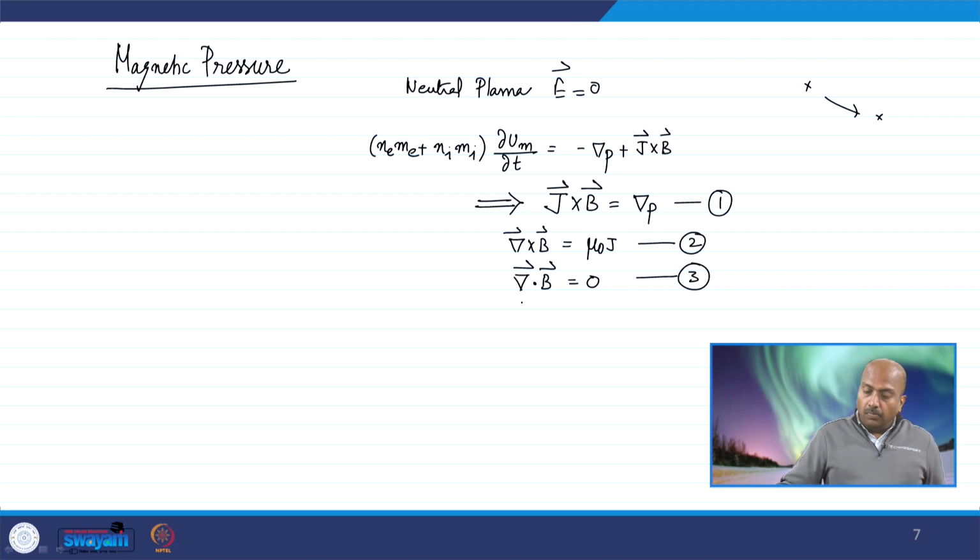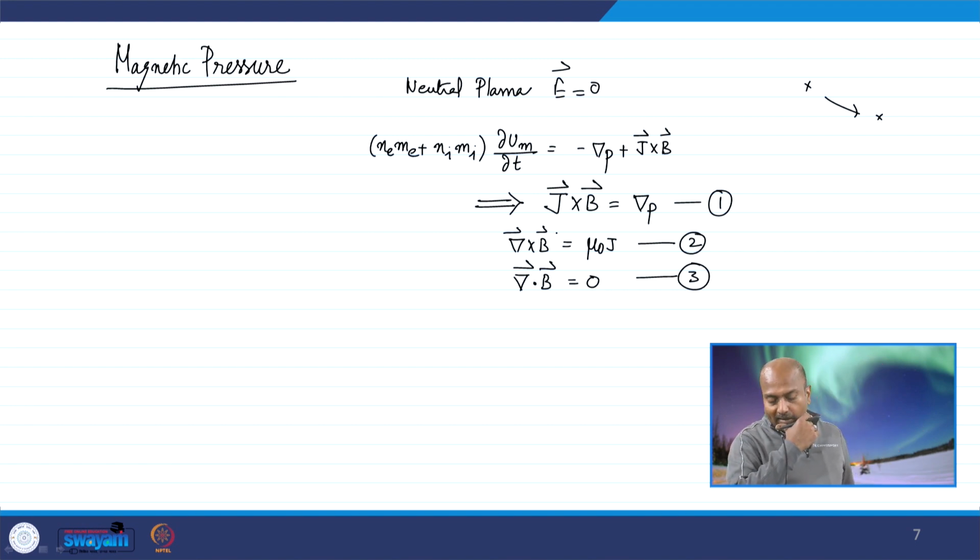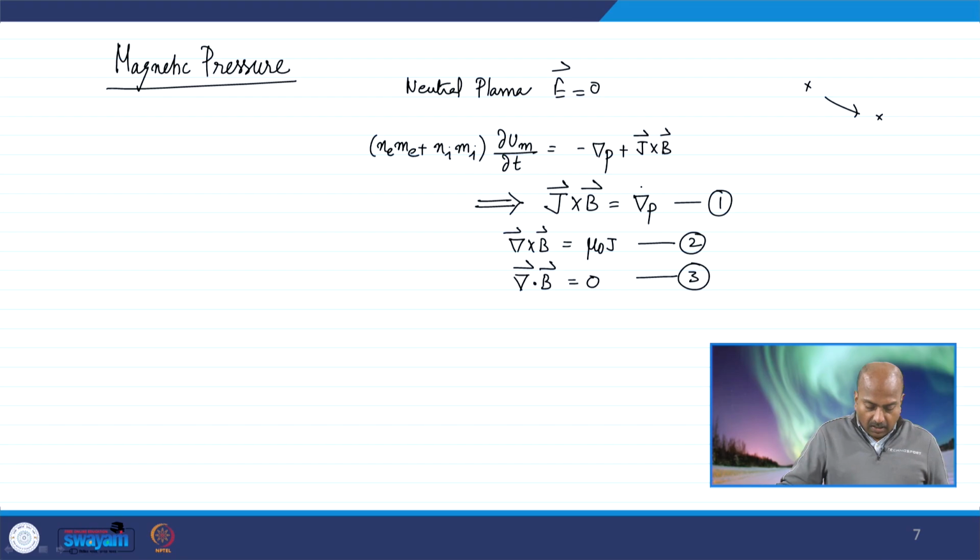Right. Now, if this equality has to be maintained, the cross product of J and B will be in a direction which is perpendicular to both J as well as B. So the vector product of J and B will be perpendicular to del P. So J and B must lie on the surface of a constant pressure.